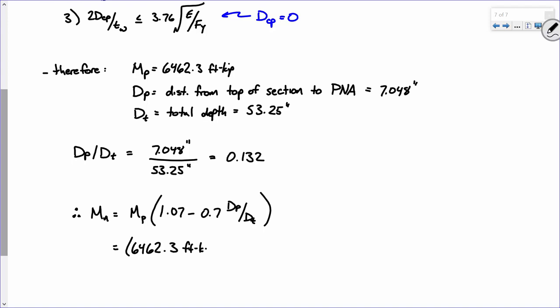So 1.07 minus 0.7 times 0.132. See? Now we've already got that number computed. Plug and chug, and you get 63.93 foot kips.